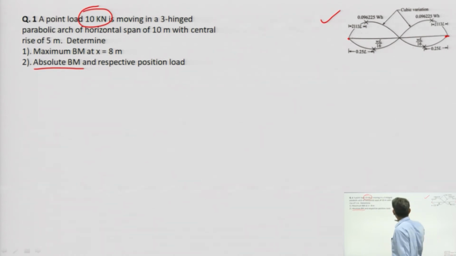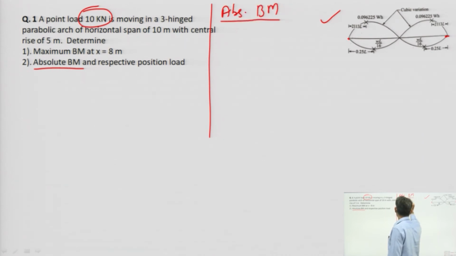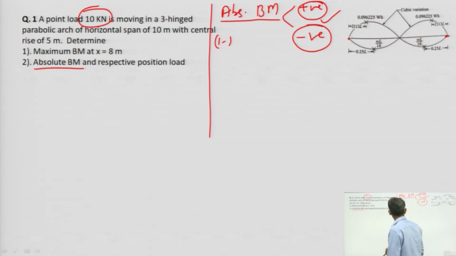So we will get the position for absolute bending moment. Let us write here absolute bending moment. First of all, calculate it for positive, and here it is for negative.